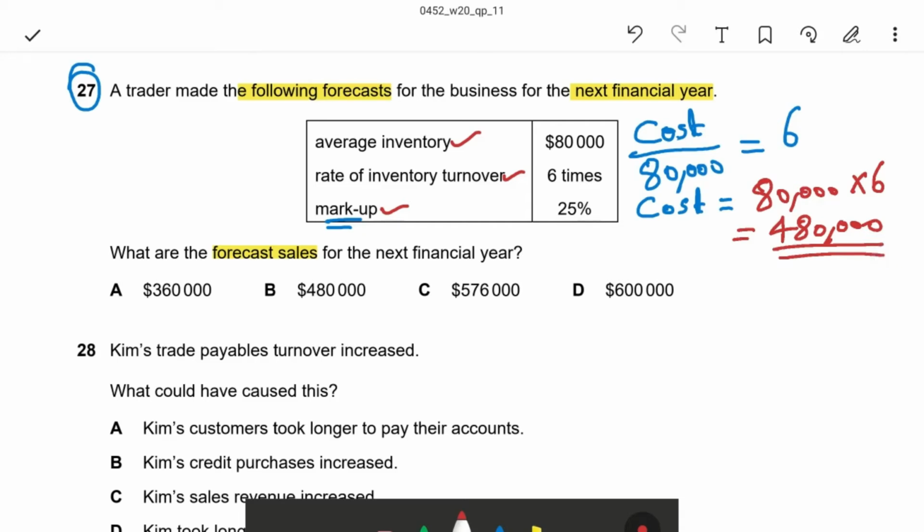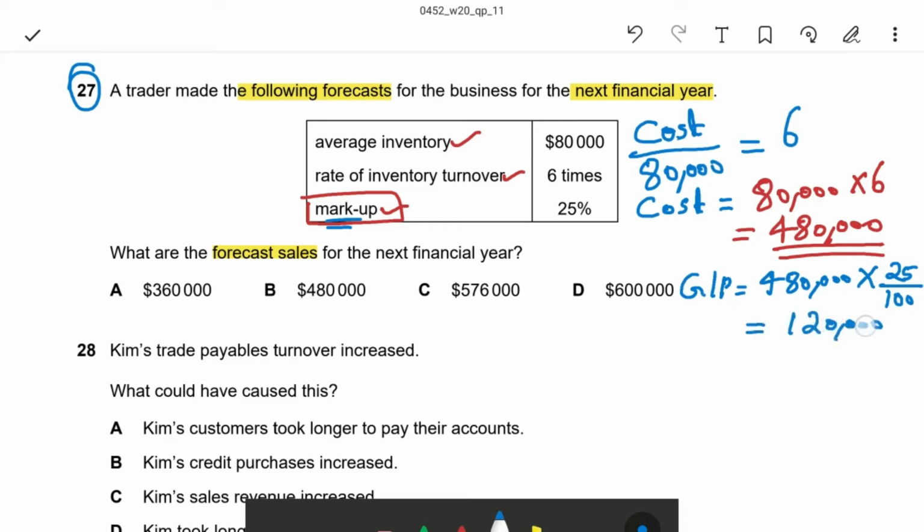Next, markup. Markup means calculating the gross profit on cost. So gross profit is equal to 480,000 multiplied by 25 divided by 100. That is 120,000. So cost is 480,000, gross profit is 120,000.